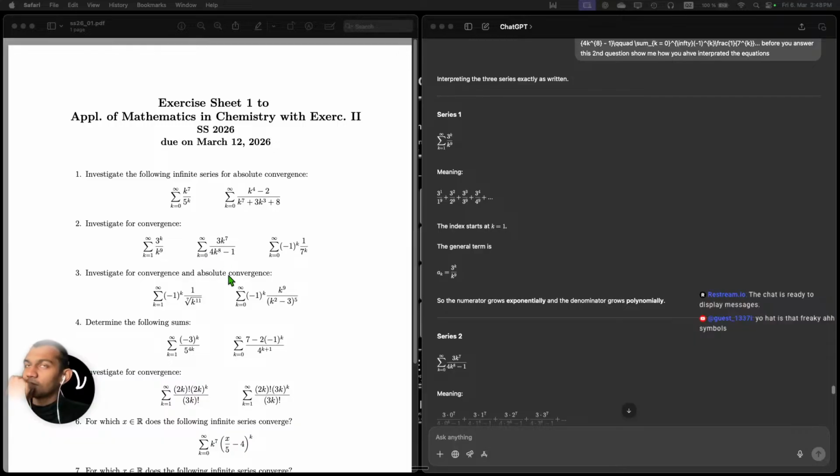I don't think the 3 and 4 matter. So it's 1 by k, k raised to 1. No, I feel like the second series converges. I think it's absolute convergence. Yep.